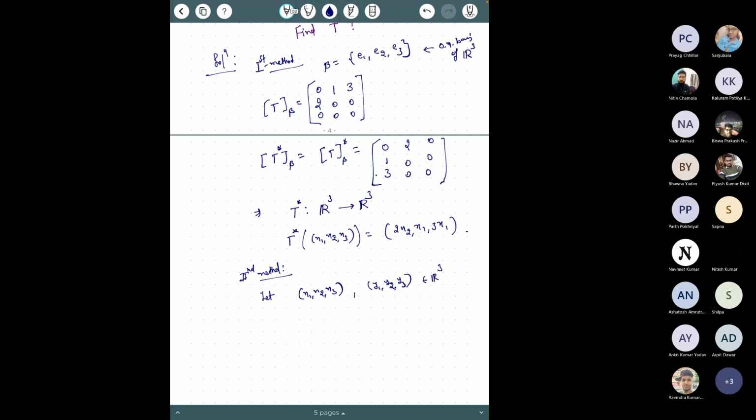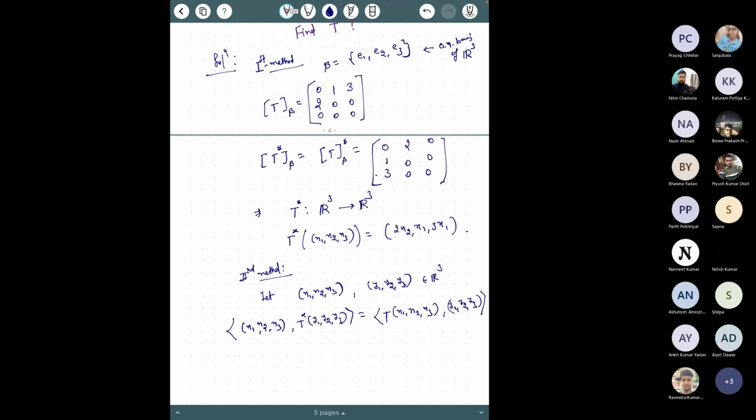in R3. We don't know T star yet, but we know that if T star exists, then it will satisfy this: the inner product of x1, x2, x3 with T star of y1, y2, y3 is equal to the inner product of T of x1, x2, x3 with y1, y2, y3. We don't know at this point what this T star is that we are trying to find, but if it exists, it will satisfy this.